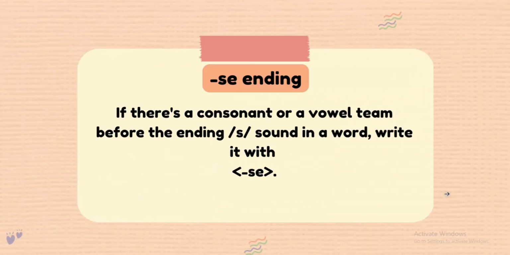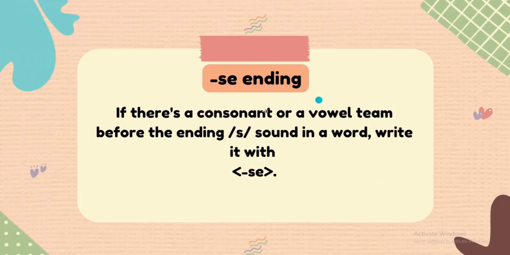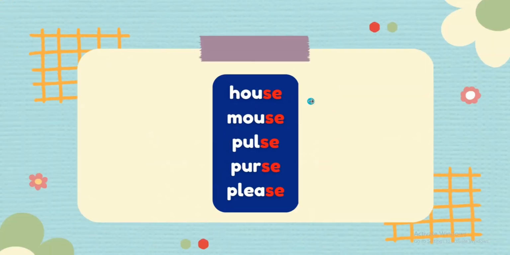The second point, the SE ending. If there is a consonant or a vowel team before the ending /s/ sound in a word, write it with SE. For example, house, mouse, pulse, purse, please.